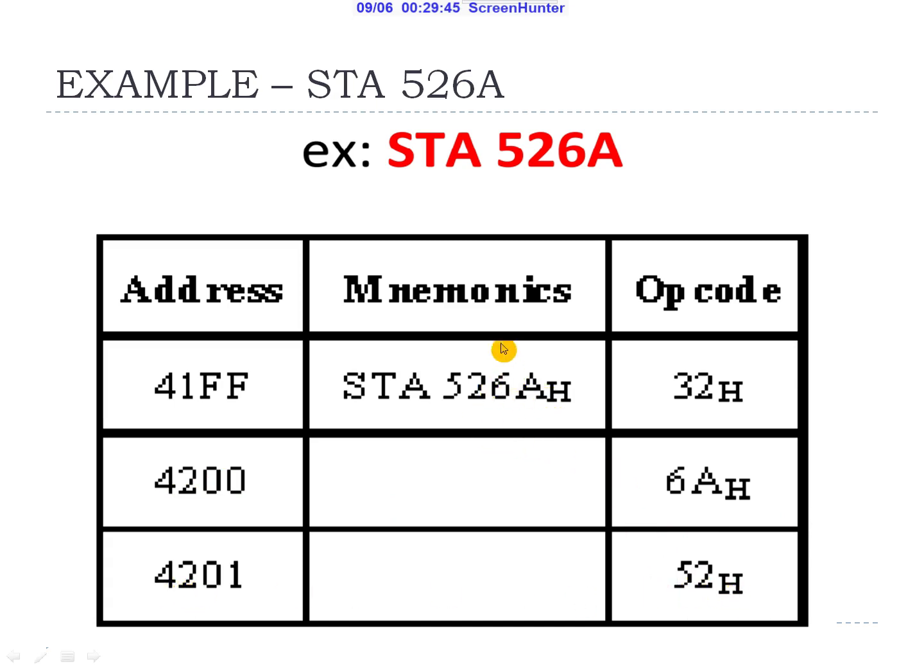Because we have segregated this address into higher order and lower order addresses, the lower order address is 6A and the higher order is 52.